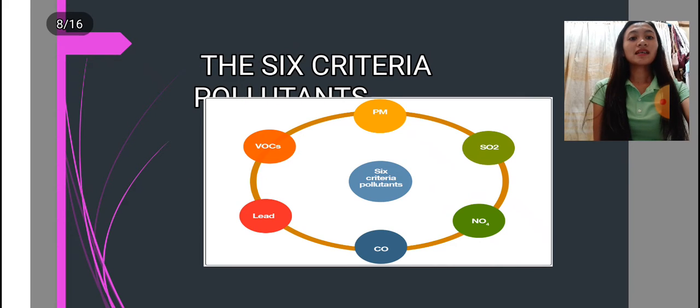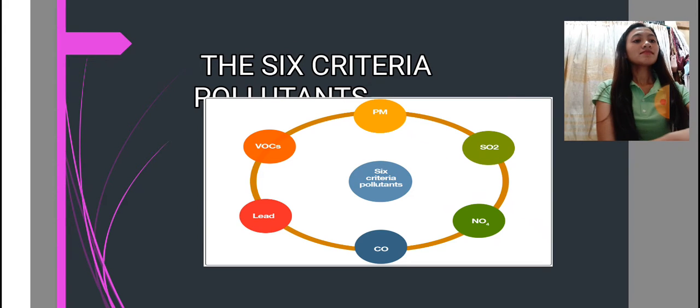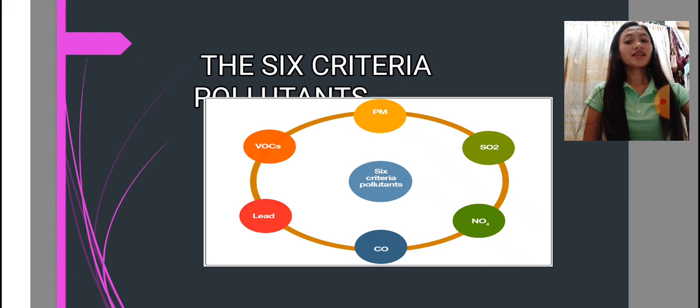These are the six criteria pollutants: sulfur dioxide, nitrogen oxide, carbon monoxide, ozone, particulate matter, and lead.